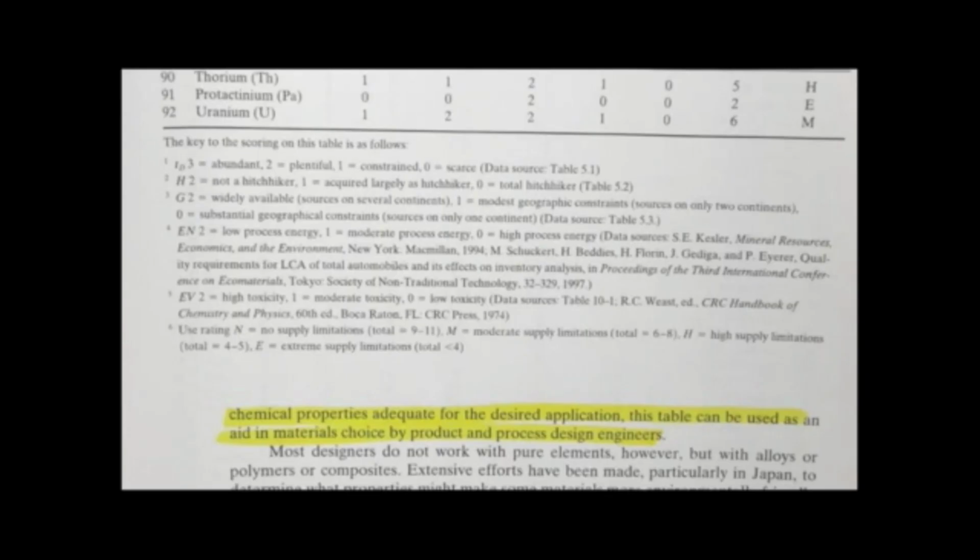So as you can see, the last one here is toxicity. This is the only score where the higher number is undesirable. A toxicity score of 2 means very high toxicity. Score of 0 means low toxicity. So on the last, which is the recommendation, use rating, N means no supply limitation, M means moderate supply limitation, H means high supply limitation.